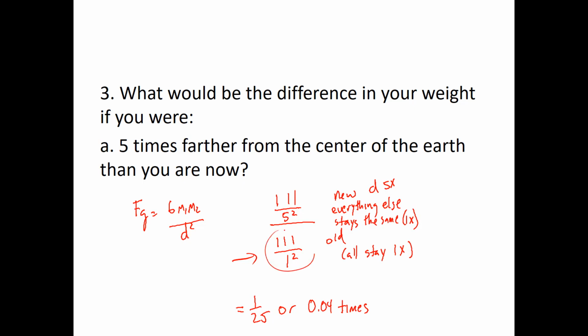And this bottom part, if you look at the equation like FG equals G m1 m2 over d squared, and in your head you say 1, 1, 1, so 1 times 1 over 1 squared equals 1, you don't really have to worry about this bottom part, but it's a ratio, so it has to be something new versus something old. And if that old happened to be, in some of these problems later on, like kinetic energy, K equals 1/2 mv squared, well, this would have been 1/2.